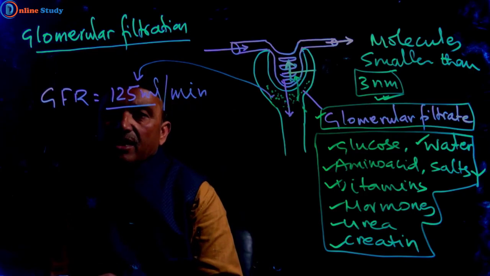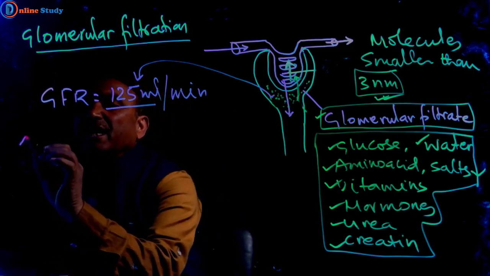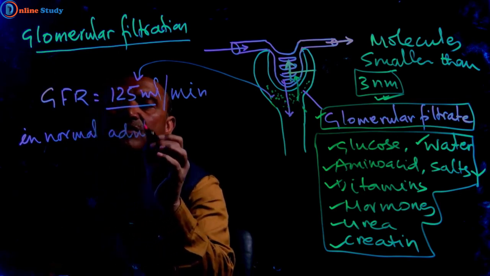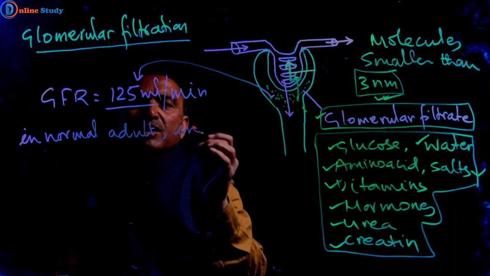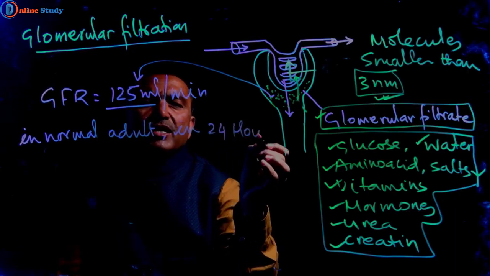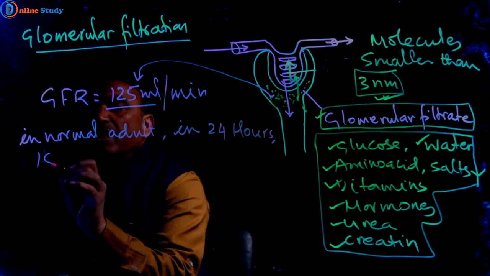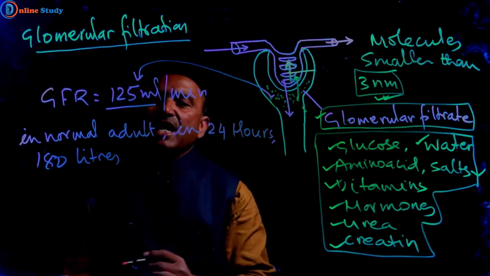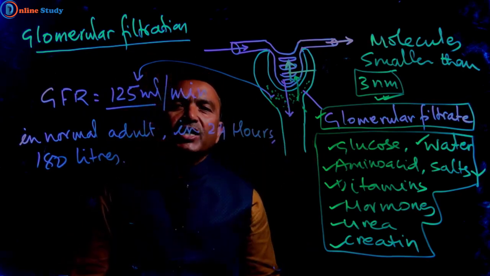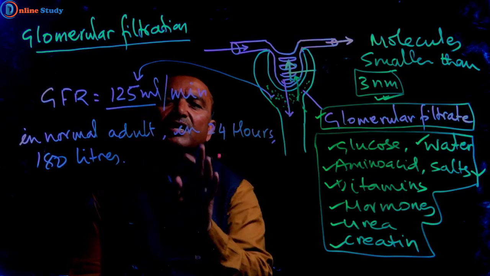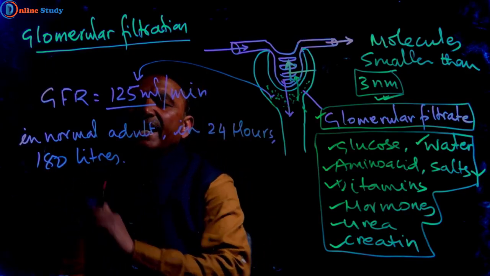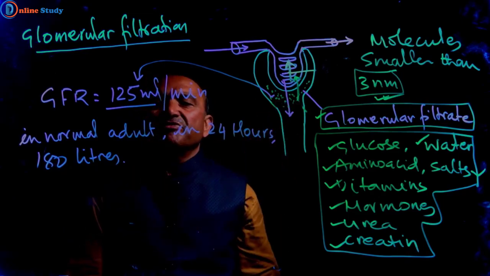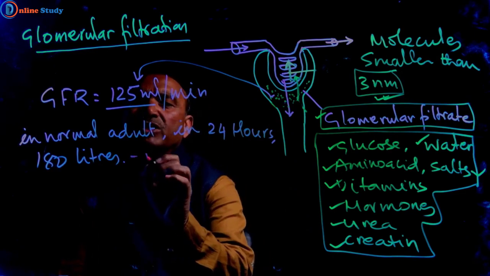So in a normal adult, in 24 hours, 180 liters of glomerular filtrate is formed by both kidneys.